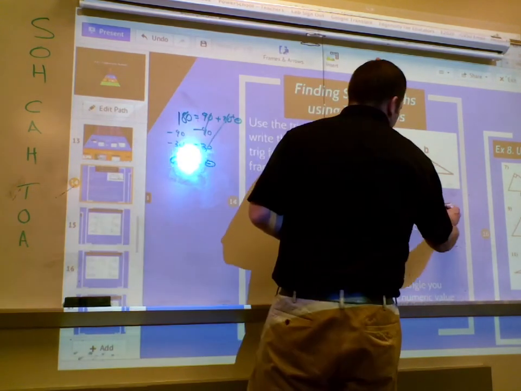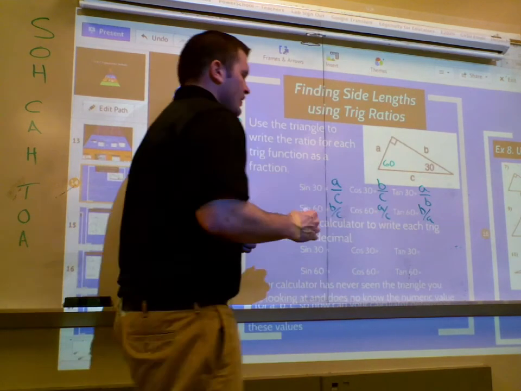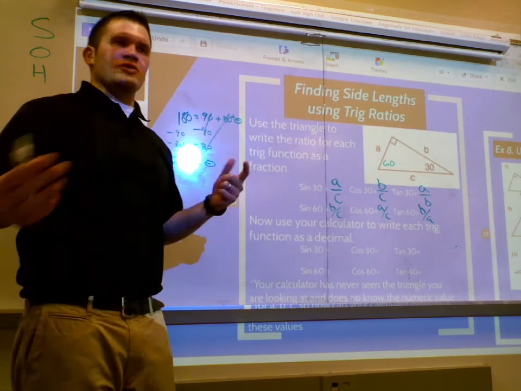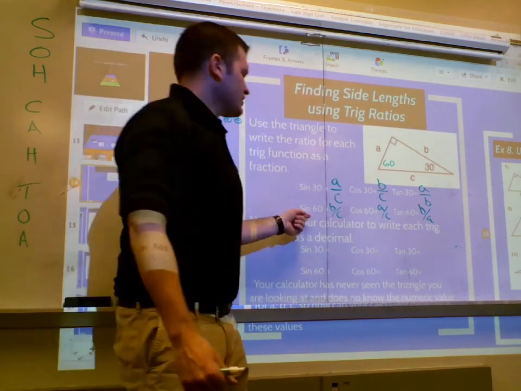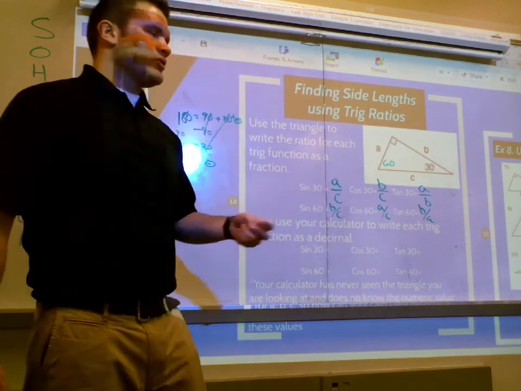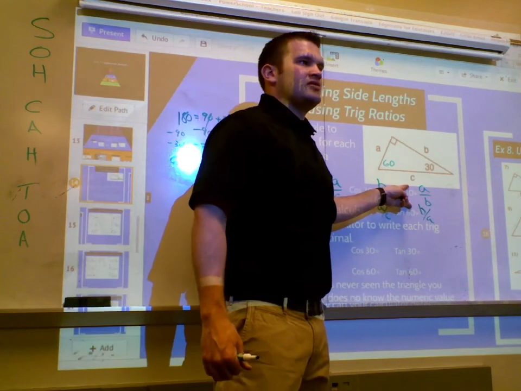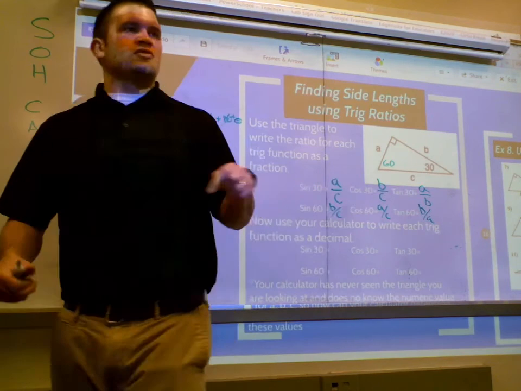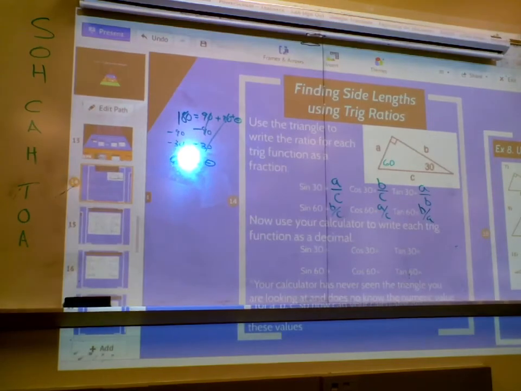B over A. Right? So sine of 30 and cosine of 60, those are equal. They're complementary. Sine of 60 and cosine 30 are equal as well. And these are reciprocals, right? They're flipped over. You guys see that? Any questions? Okay. Next part.